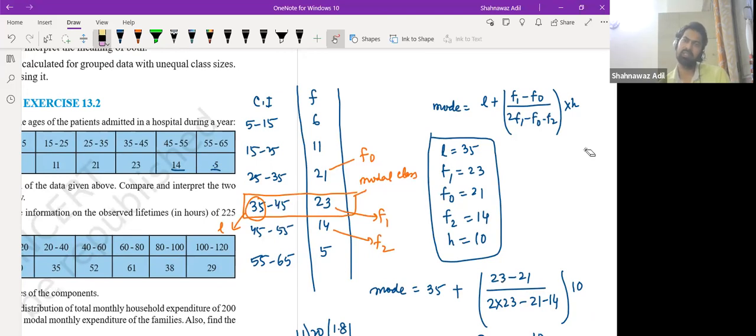In the next class, this median would be over, and we can start probability. So you have only this much in this chapter, right? Only this exercise, and the next would be median. The next exercise, you have this.